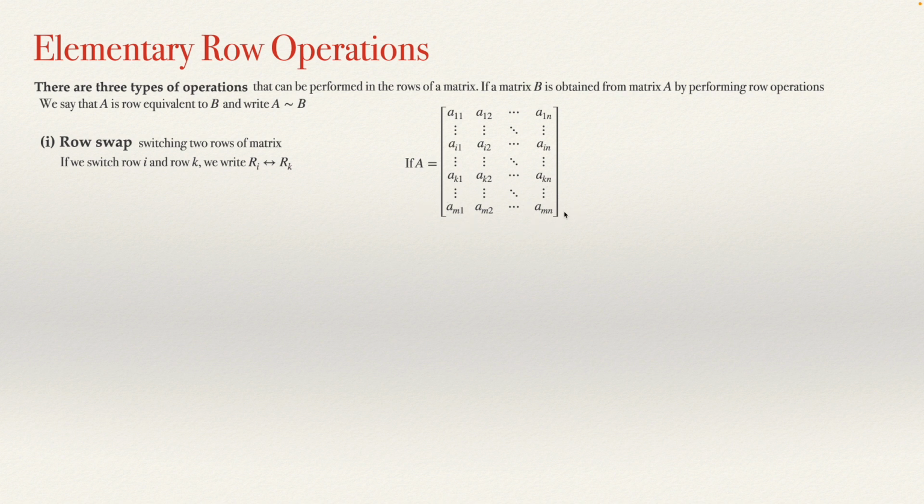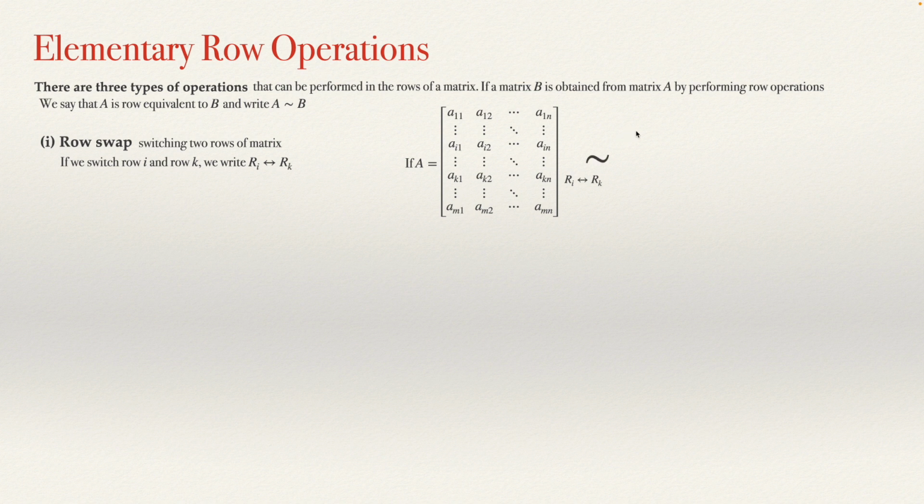In this case we have a matrix that has m rows, and we see beside the matrix the operation Ri interchange with Rk, so it means that we are going to switch these two rows. So when we write the matrix, the result of making this operation is just switching these two rows here.